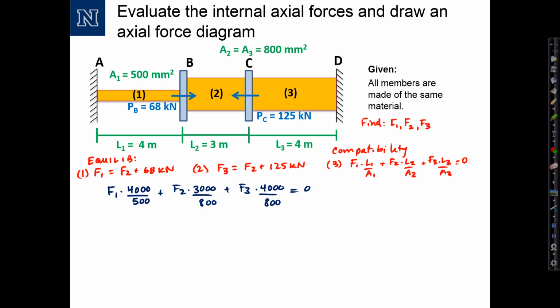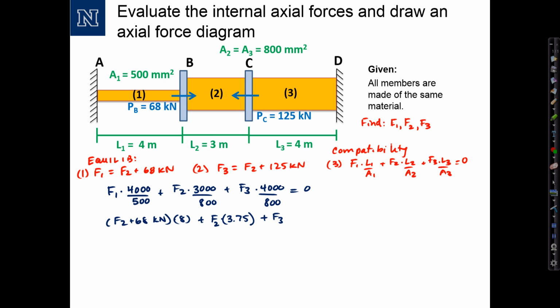Now we'll proceed to substitute in for F1 and F3 and manipulate a little further. So we have F2 plus 68 kilonewtons times 4,000 over 500, which is 8, plus F2, this reduces to 3.75, plus F3 times 4,000 over 800, which reduces to 5.